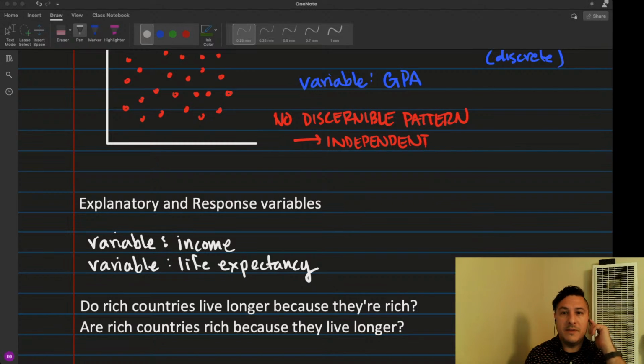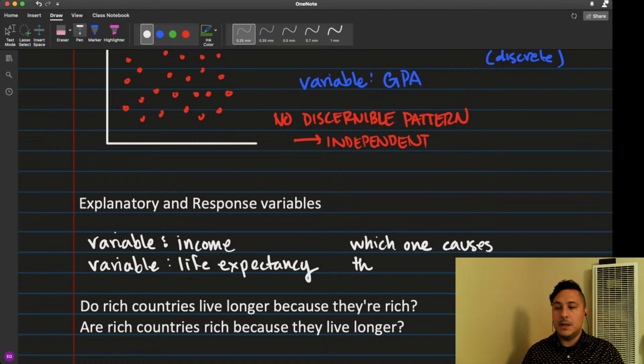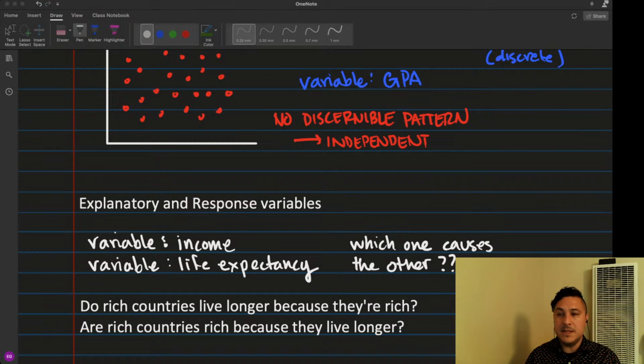If you want to increase people's lives, if they make more money, will they live longer? Or is it the other way around? That's the real question here. There seems to be a connection, but we can't say for certain how that works.